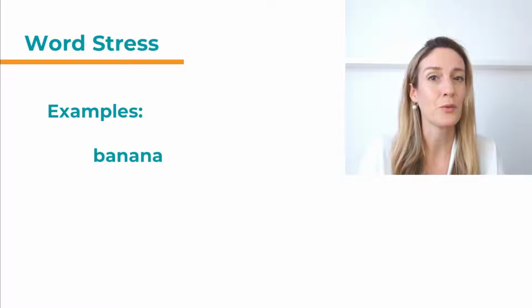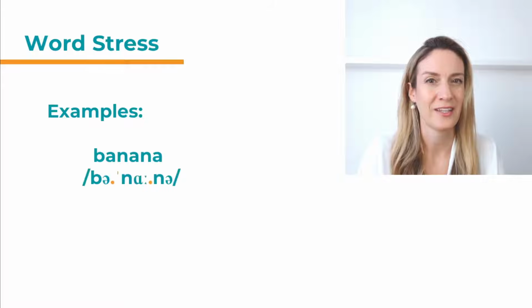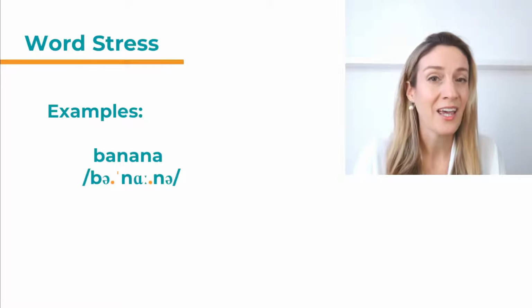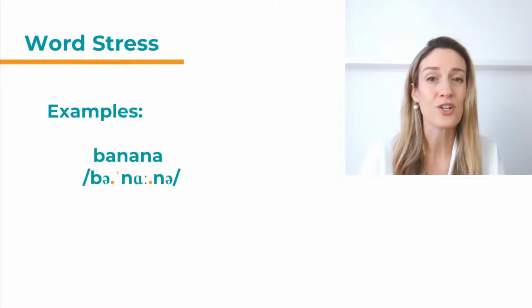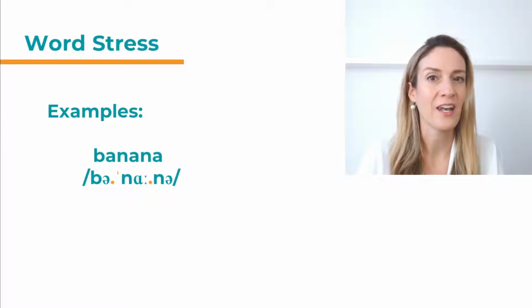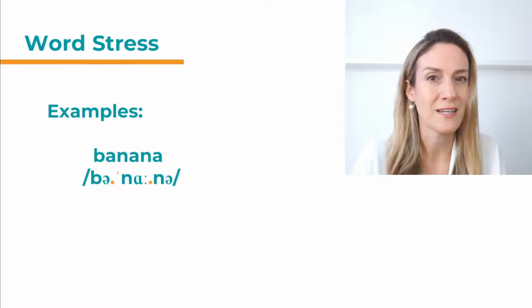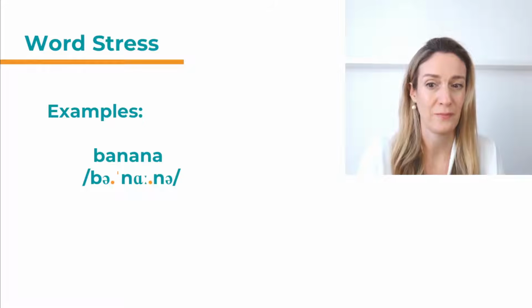Here we have the word banana. Banana. Now, first of all, I've written down the phonemic transcript again, and you can see there are 2 dots, so that means we have banana, 3 syllables in total.